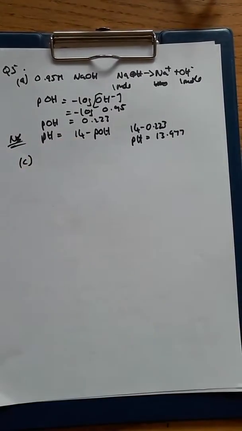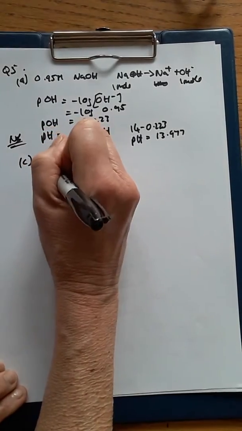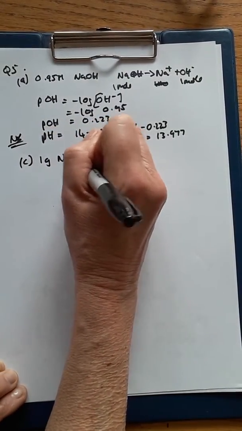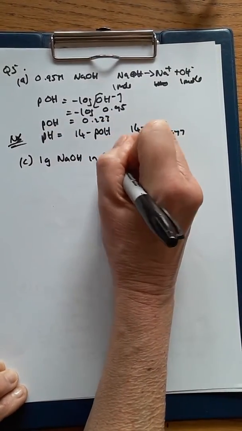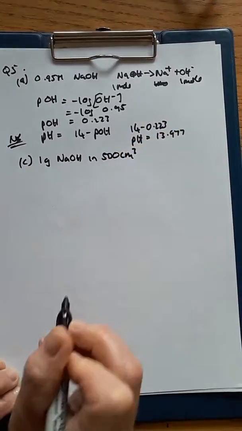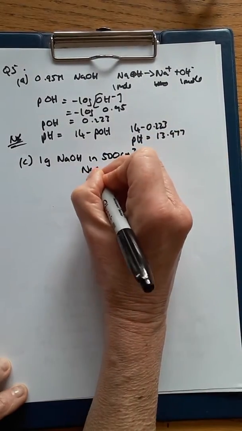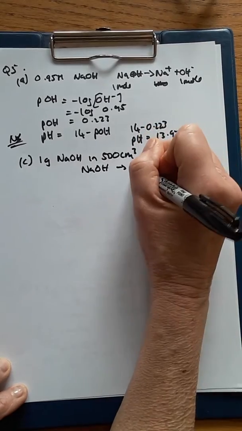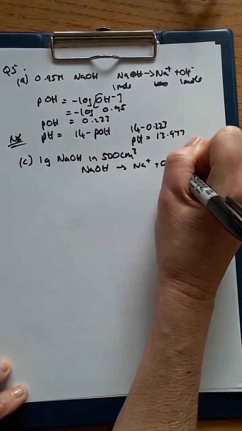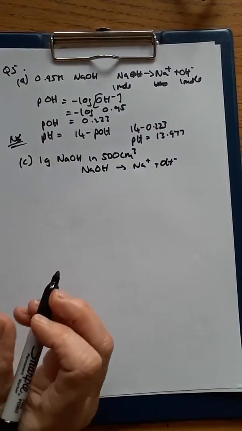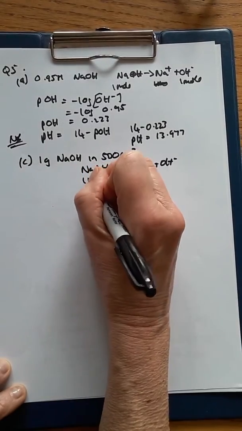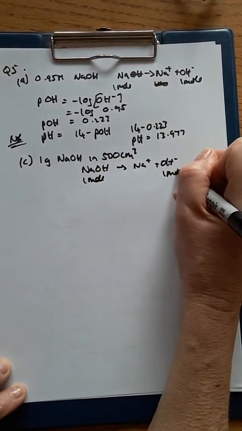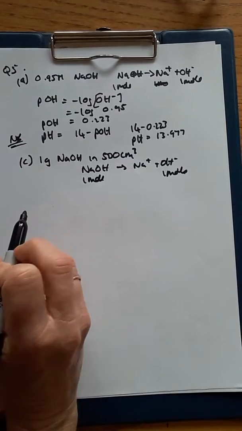Part C says find the pH of a solution of 1 gram of NaOH in 500 centimetres cubed of solution. Write the dissociation equation. It splits up into Na plus and OH minus. Okay, that means that 1 mole of NaOH gives me 1 mole of OH minus. So let's see how many moles we have.